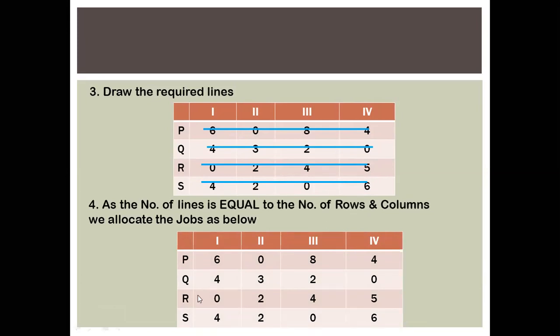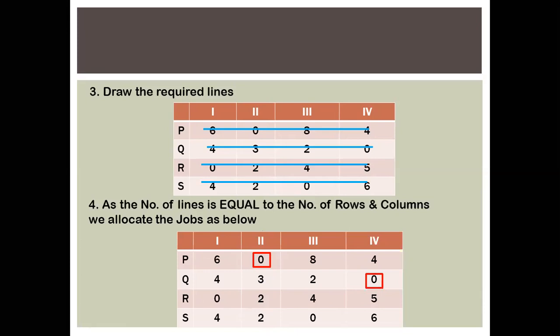So in the first row, I can see a 0. So I'll put my first box over there. When I put a box over there, in that particular column, if there is any 0, I should cancel it first. But in this case, there is no 0 left. In the second row, as you can see, there is again 1 zero. So I should put a box over there.